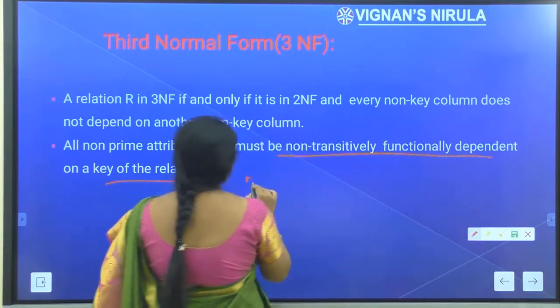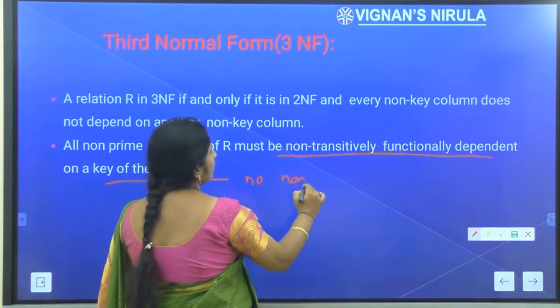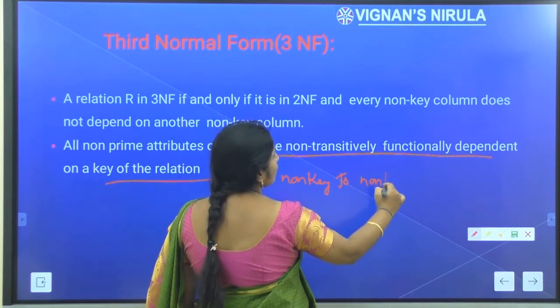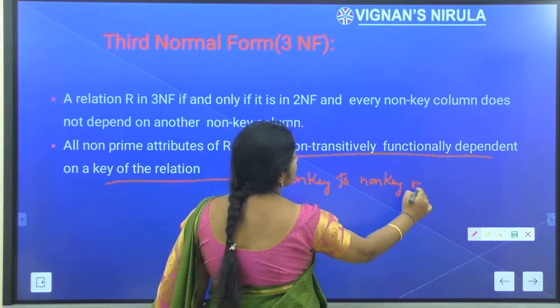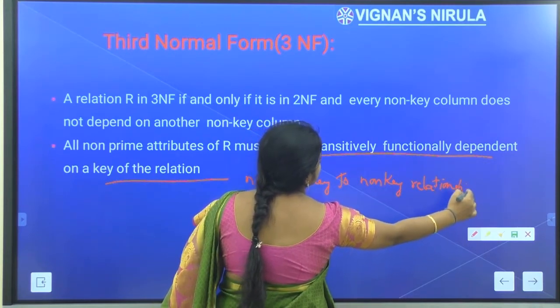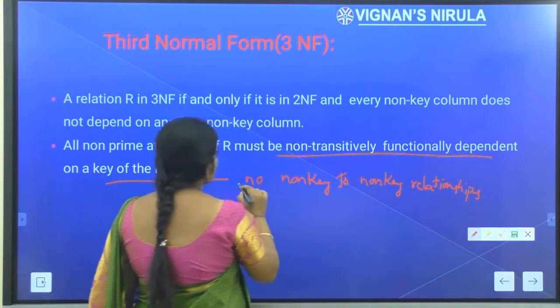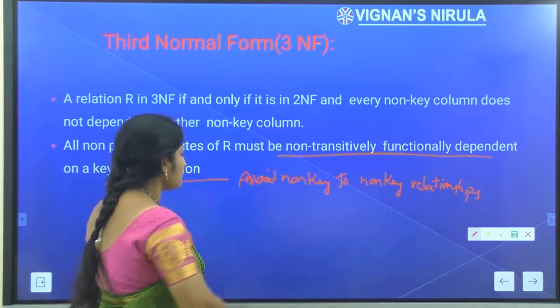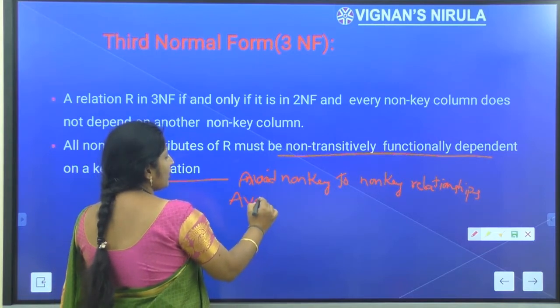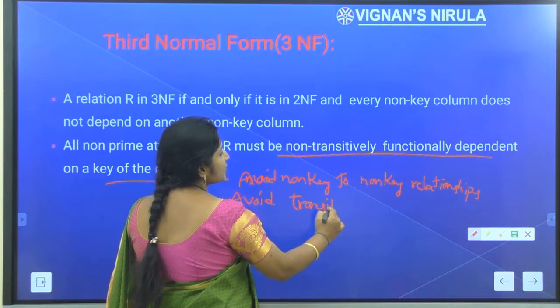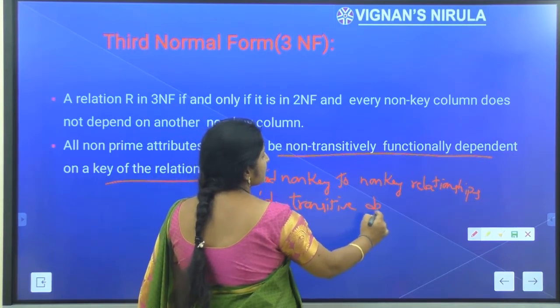no non-key to non-key relationship should exist, or it should avoid non-key to non-key relationships, and it also aims to avoid transitive dependencies.